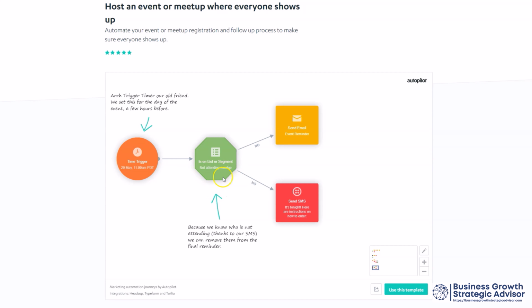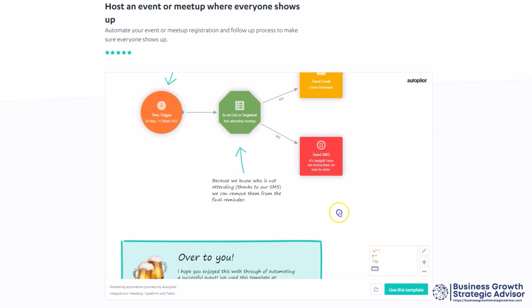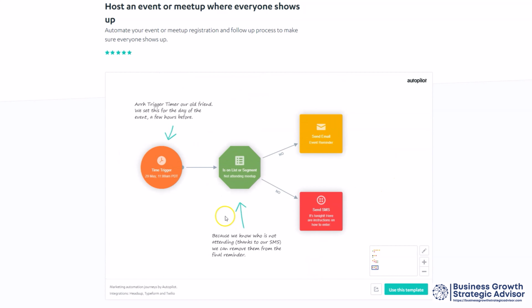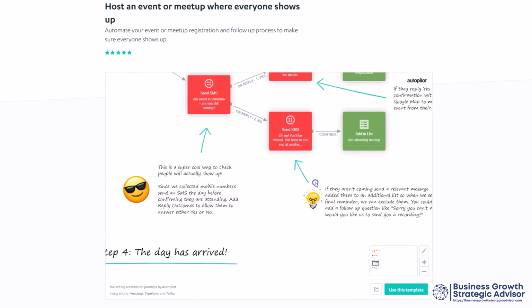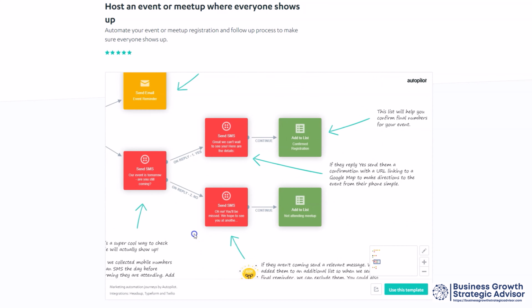So if they are not on that list, we want to send them the event reminder, because that means they are attending. If they are not on the not attending list, we also send them the SMS saying, hey, it's tonight, don't forget to show up, right? So that's how they segmented these people, and that's how they responded based on whether or not they had been added way back up here to the not attending meetup, which was based on their answer to that SMS, right?